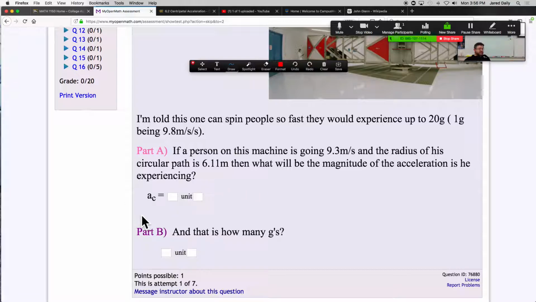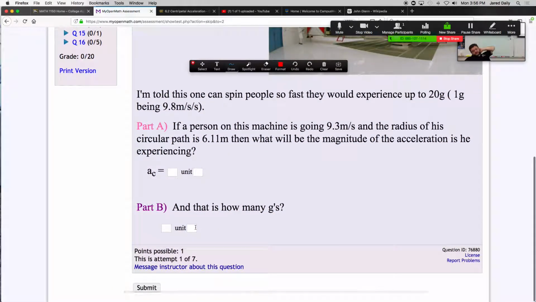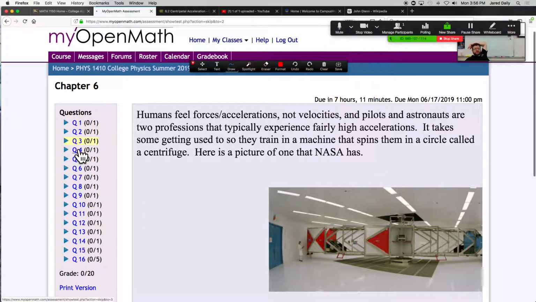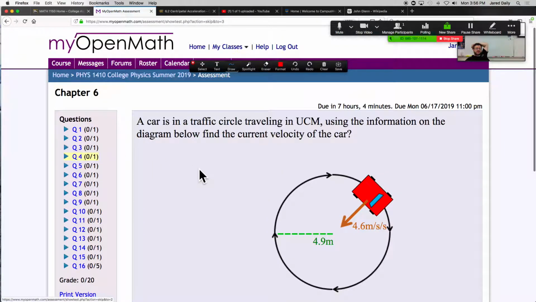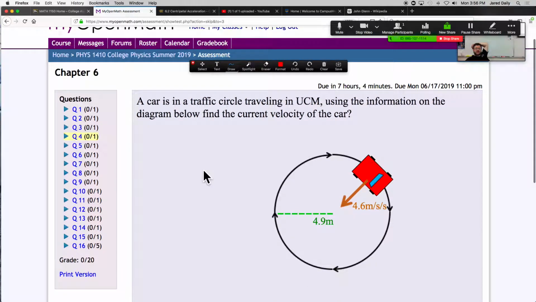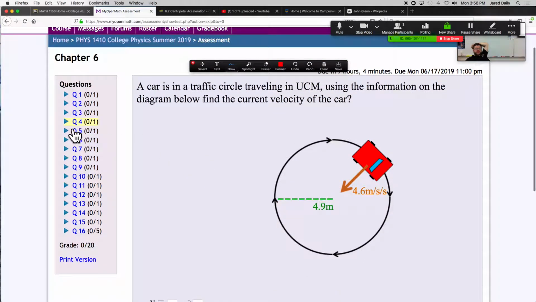Once you know your centripetal acceleration in meters per second squared, you divide it by g, which is 9.8, and that tells you how many g's you're going to feel. Maybe 2.3, it might be 5.8, whatever. And so on and so forth. So this is a similar question.